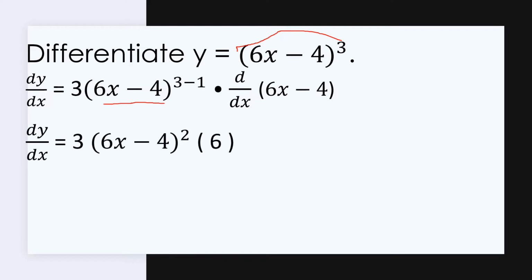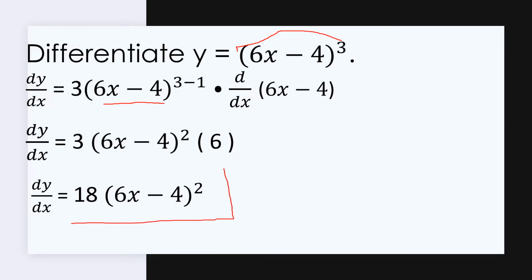We have now 3 times 6x minus 4 raised to the power of 2 times 6. So 6 times 3, we have 18 times 6x minus 4 squared. It's okay, you don't have to expand the 6x minus 4 squared, class. Okay? That's already the answer. We'll accept this type of answer.